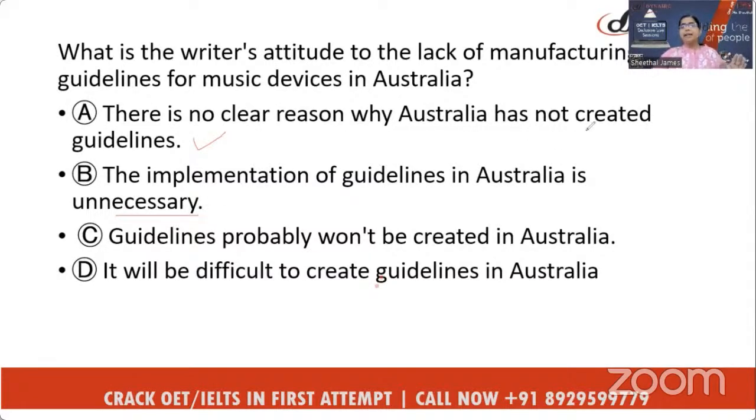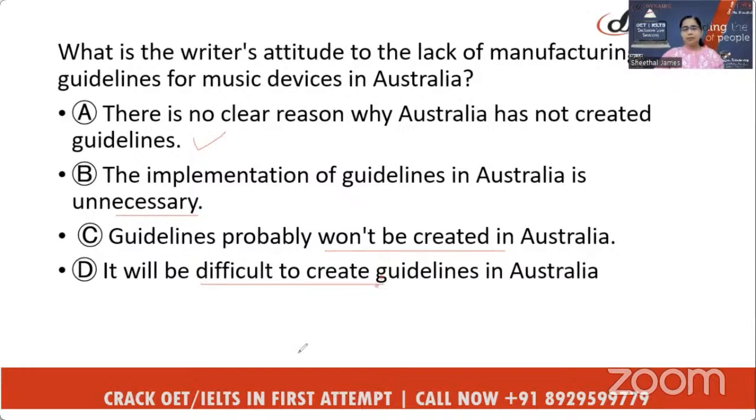In the same sentence, it is written, considering the cost and considering the damage it causes, it is necessary, but the author does not know why Australia has not adopted similar guidelines. Then, guidelines probably won't be created. That is not given. It will be difficult to create guidelines. That also is not given. So this is the correct answer.